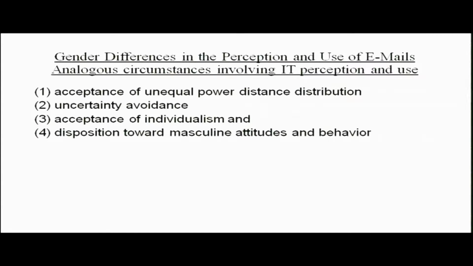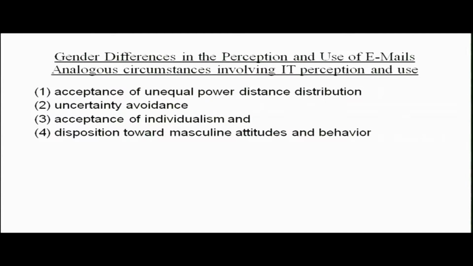Now, the interest in understanding the role of gender in technology actually comes from feminist scholarship, with an assumption that women tend to use technology less than men because of a value system underlying that the new technologies are fundamentally masculine. So, one of the starting points is that there is an acceptance of unequal power distance distribution.